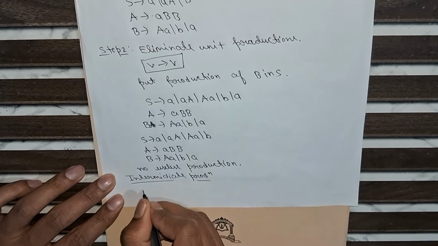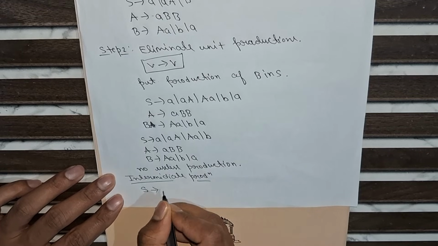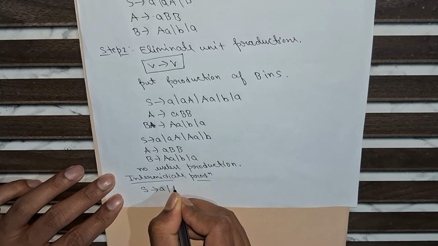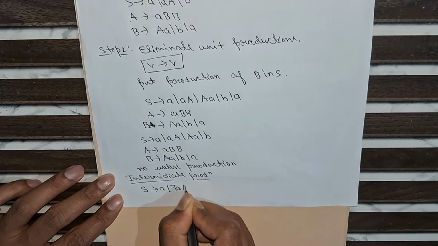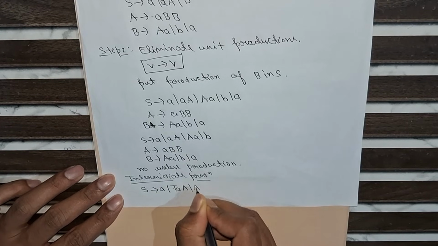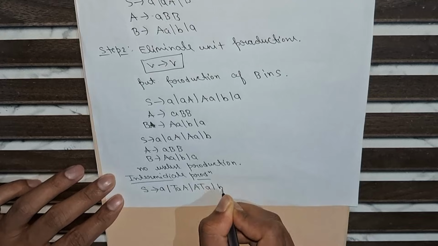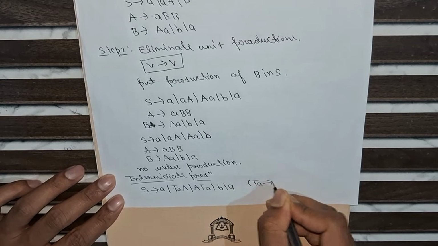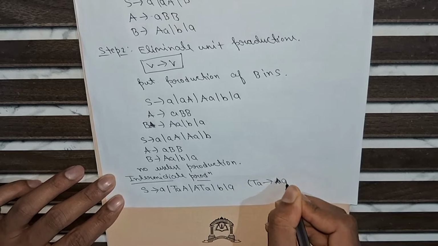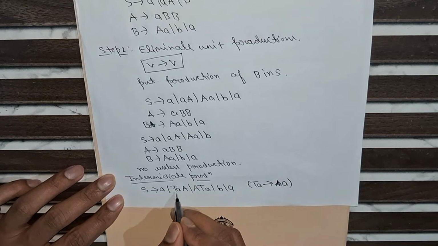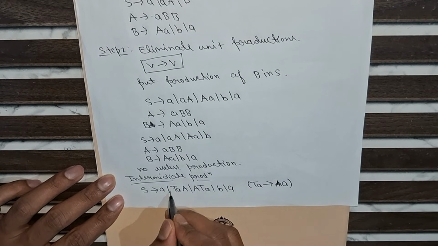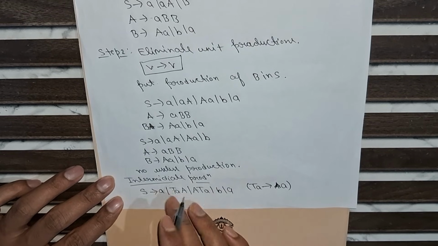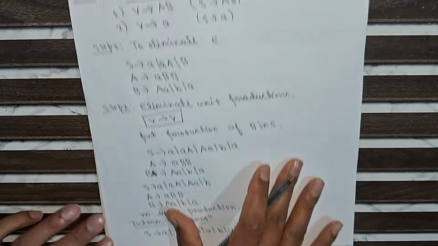In this we substitute S as a small a, and we let this a be Ta, and this becomes A of Ta B and A, and we write Ta implies a, the terminal a. So now this becomes two variables, S implies two variables, which is the form of Chomsky Normal Form. Now this fulfills the conditions of CNF.